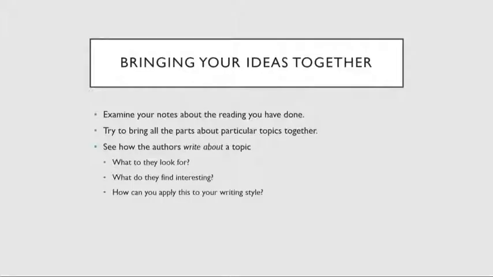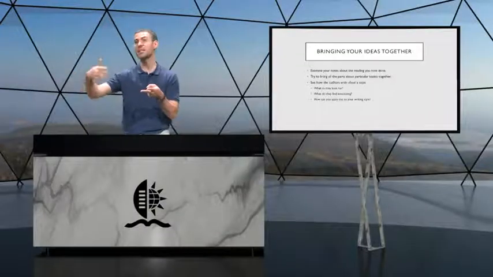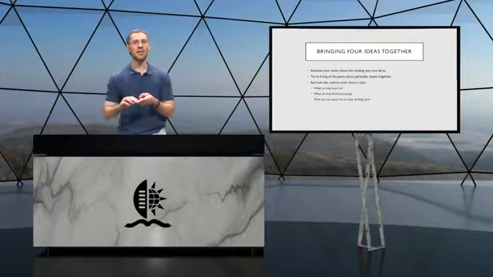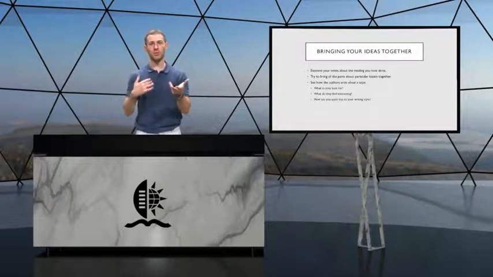Another very important thing is to see how authors write about a particular topic. What do they look for when they are examining something or analyzing something or looking at particular case studies in their context? What do they look for? What do they find interesting? Because if they find something interesting, maybe in your own context, you'll find something similar that is interesting in your relationship with the world and with society.